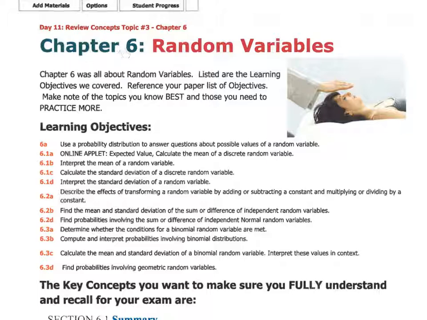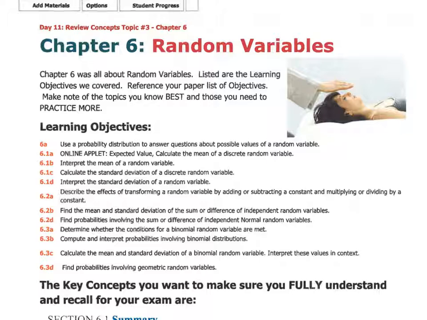Day 11, let's go into chapter 6 and review random variables. Some of the things about random variables is, remember, we had to calculate the standard deviation of a discrete random variable, and then also interpret the standard deviation. We then talked about transforming, what happens if you add, subtract, multiply, and divide to a constant. We then were challenged to compute the new mean and standard deviation of the sum or the differences of an independent random variable.